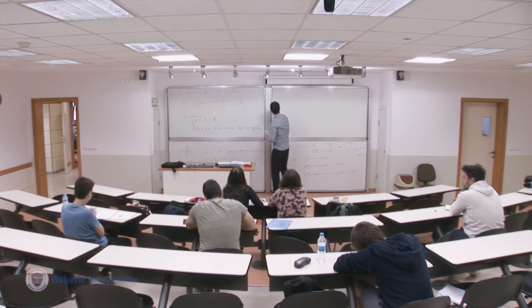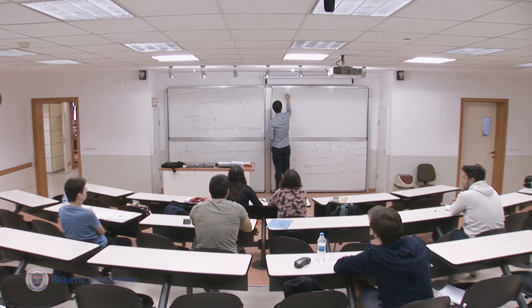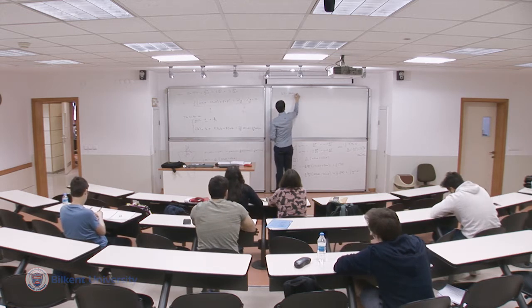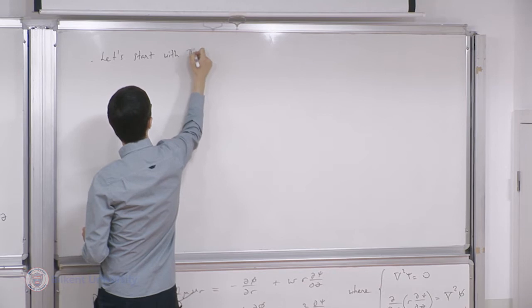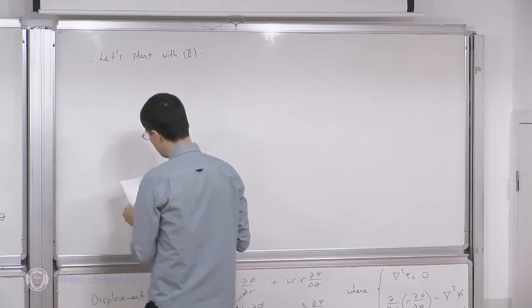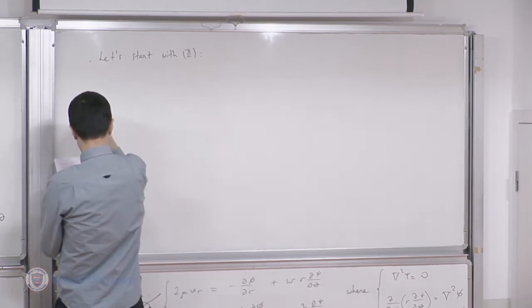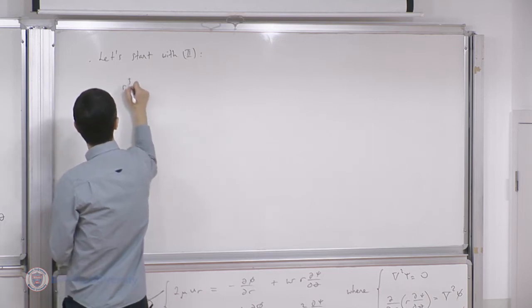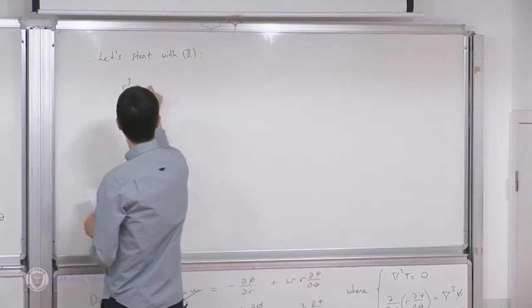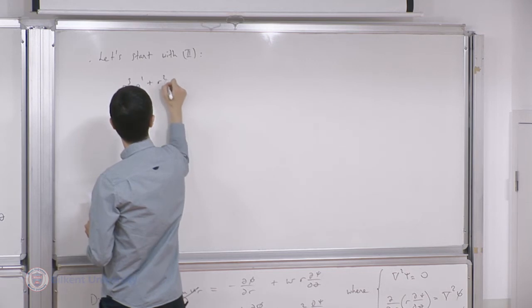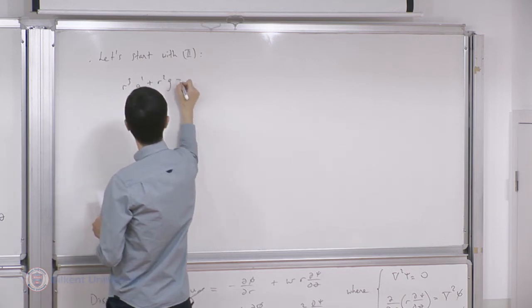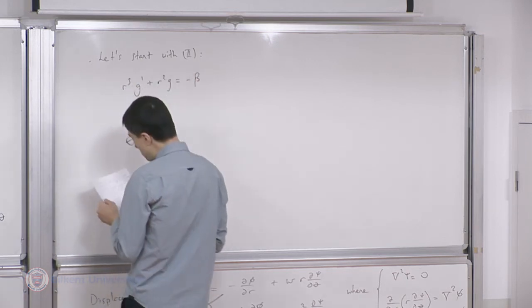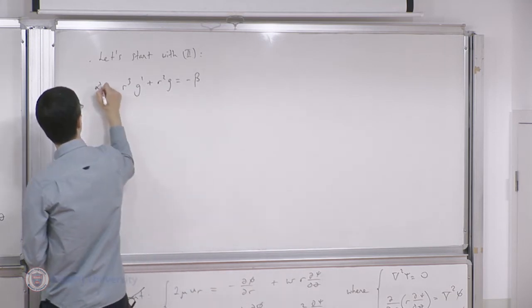So let's start with 2. The differential equation we're trying to solve is r cubed g prime plus r squared g equals minus beta.